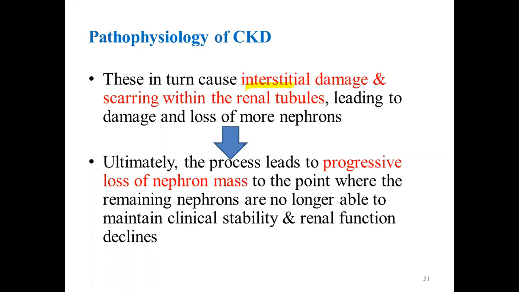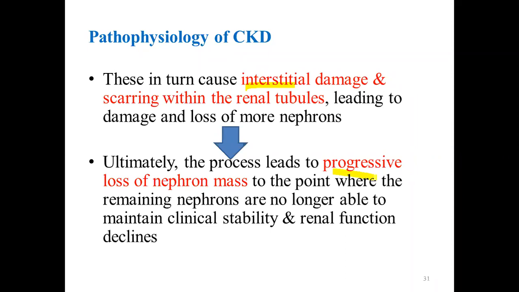If the glomerular basement membrane undergoes expansion and allows more protein, this inflammatory reaction causes loss of more nephrons. That is why proteinuria is really not desirable, because there is a lot of inflammatory reaction as a result of the leakage of protein. So this ultimately leads to progressive loss of nephrons.